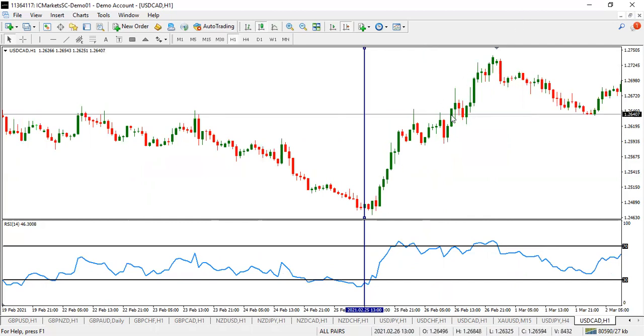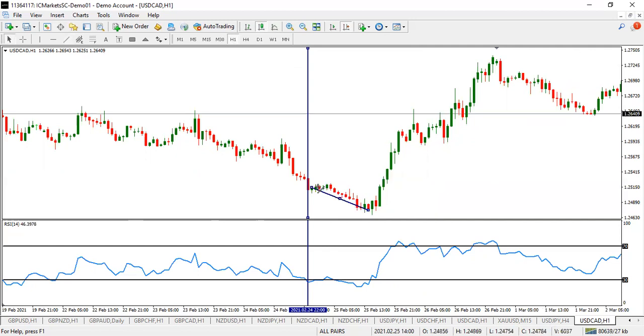In some cases we may have a situation where price goes oversold and continues going down. This is where you want to add another indicator to give you extra confirmation, just to be sure that price is not going to extend.